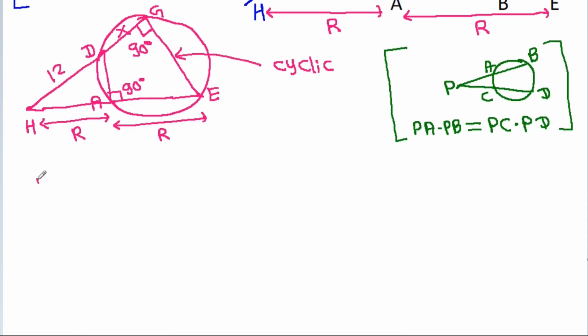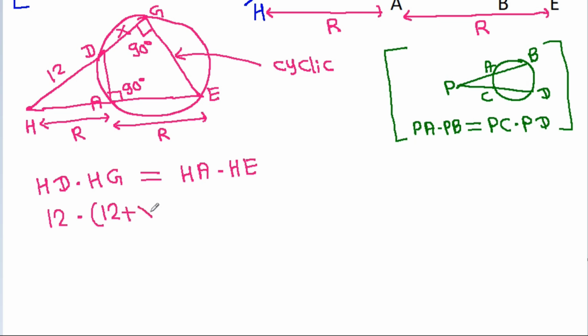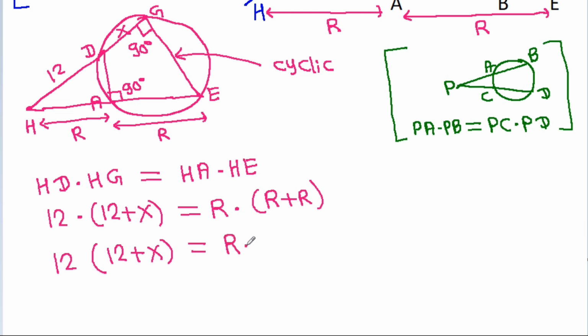So HD times HG will be equal to HA times HE, and HD is 12 times HG, which is 12 plus X, is equal to HA is R times HE, which is R plus R. So 12 times 12 plus X is equal to R times 2R, and 2 times 6 is 12.